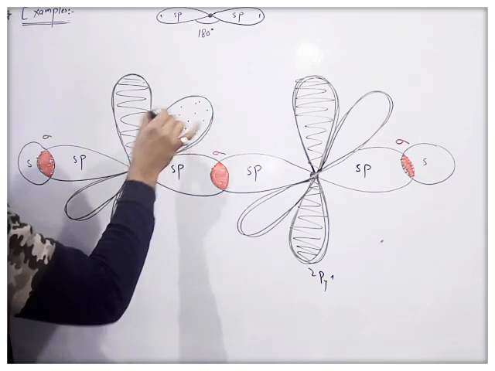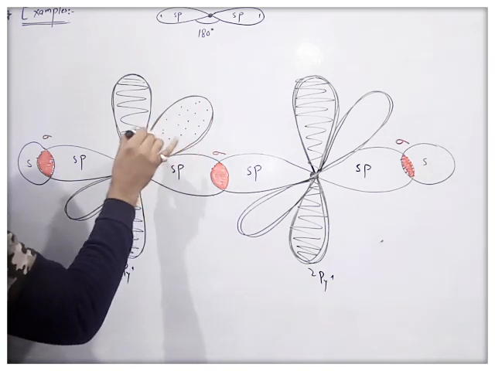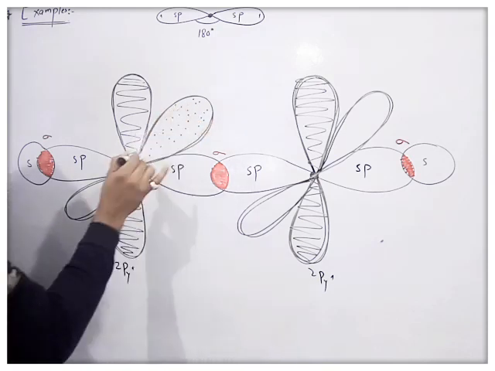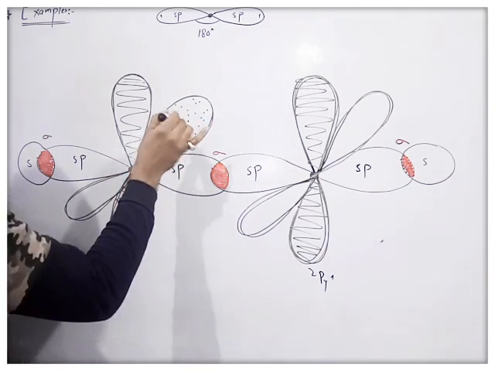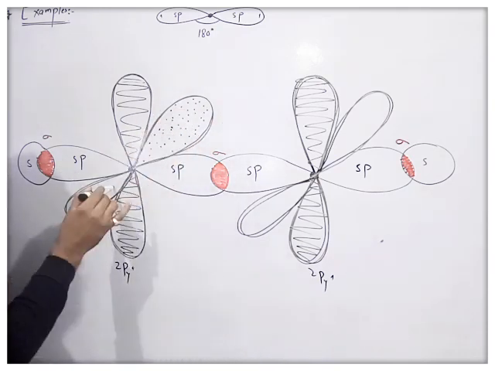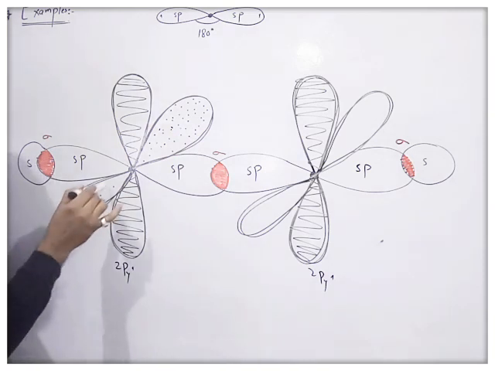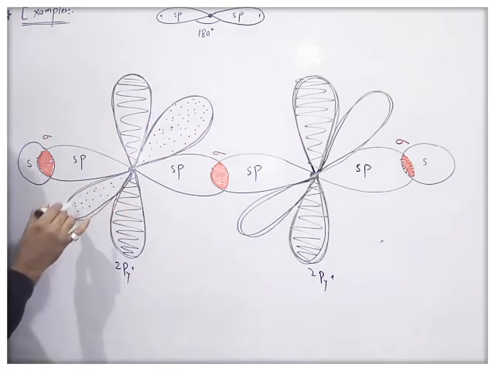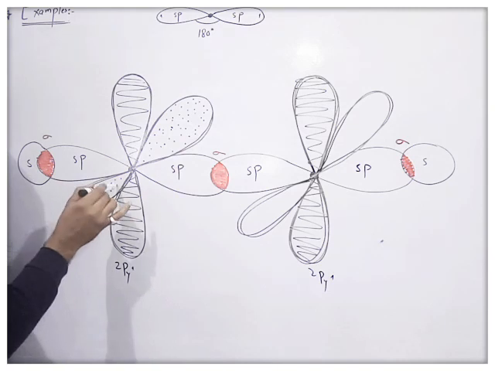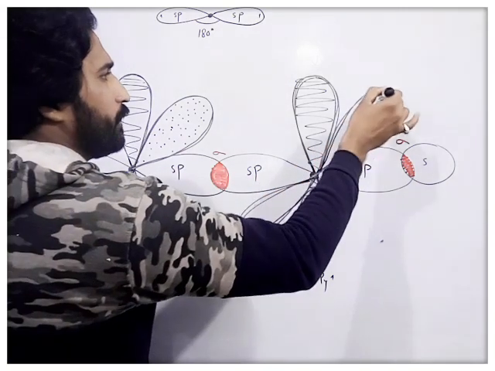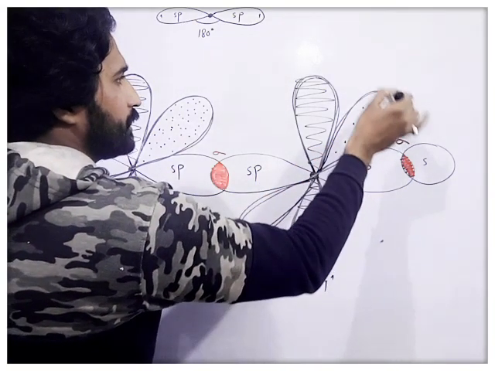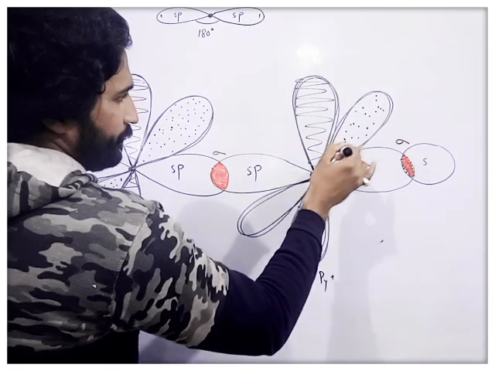For what purpose? Just for differentiation, not any specific chemistry. Here shaded orbitals are 2py and dotted orbitals are 2pz.